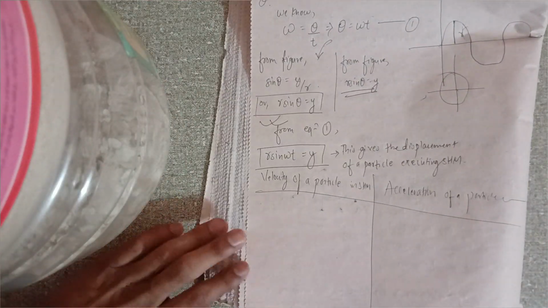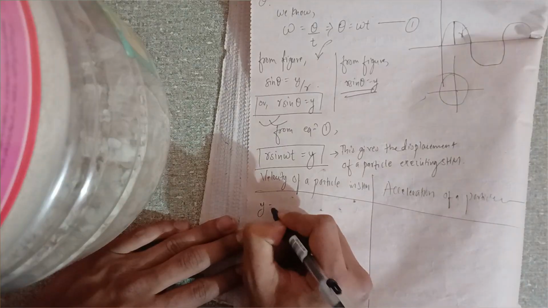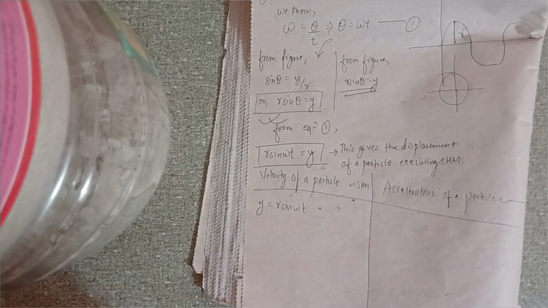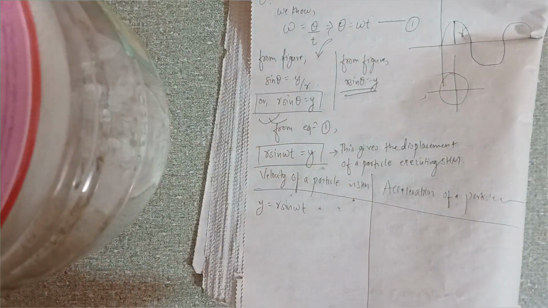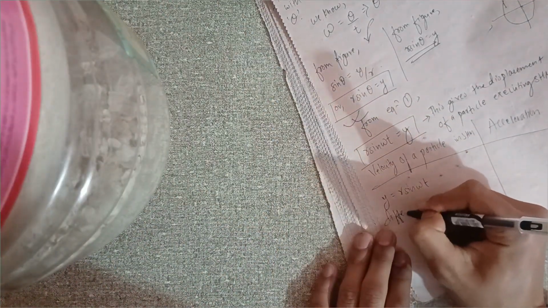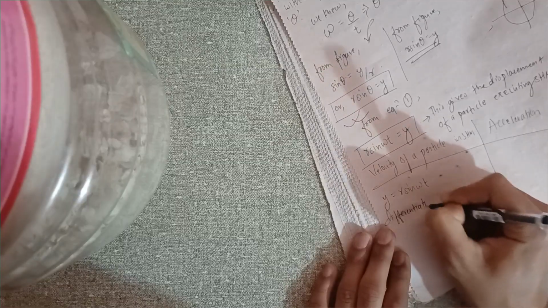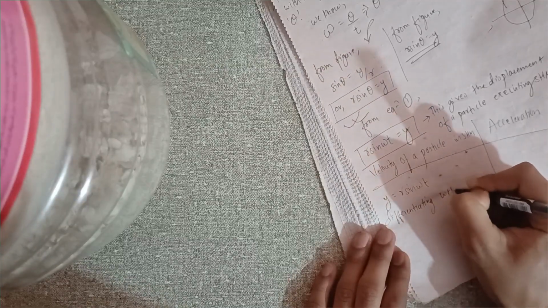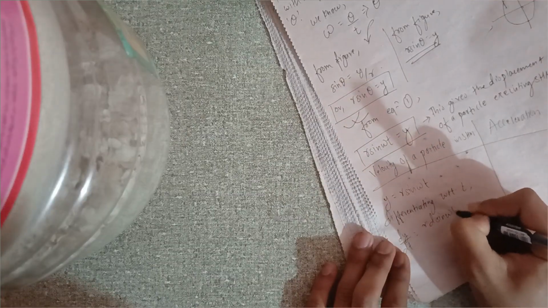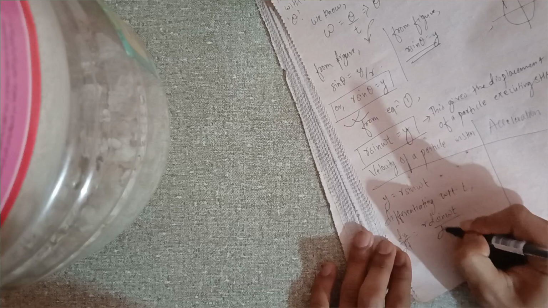We already have the displacement graph. This gives the displacement. So if we differentiate it with respect to t, we get the velocity. That's it. Differentiating with respect to t, dy by dt equals r d sine omega t by dt.